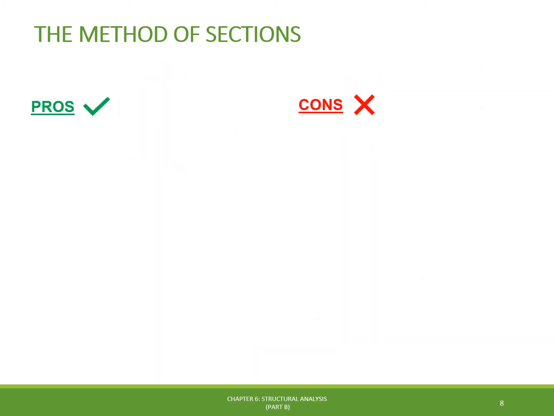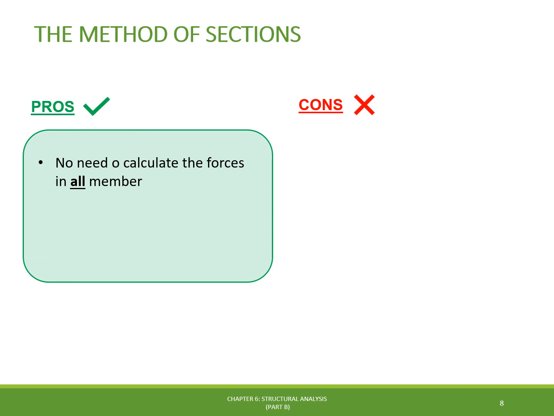Now, let's discuss the pros and cons of the method of sections. Starting with the pros, the main advantage of this method is that there is no need to calculate the forces in all members. That's an important advantage if we compare it with the method of joints, in which we necessarily have to calculate the forces in all members first and look at the members of interest later.